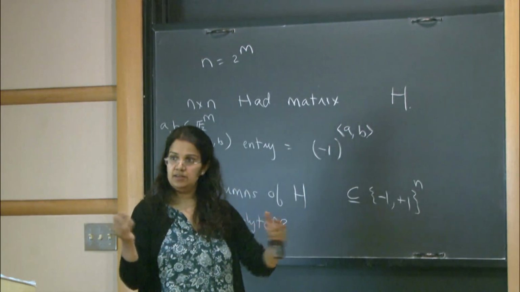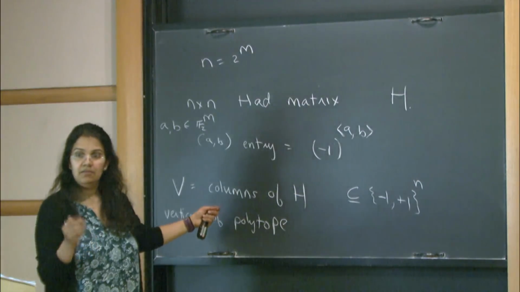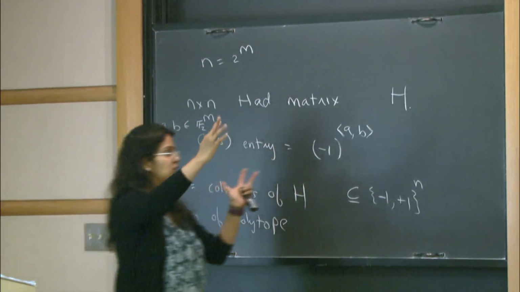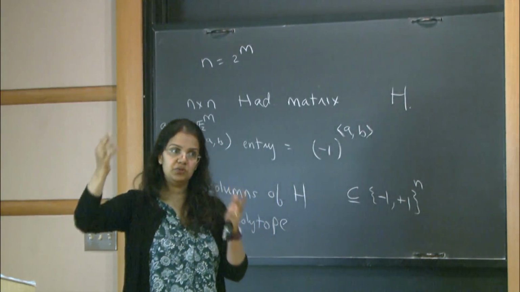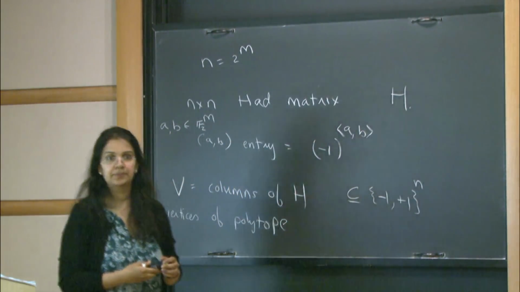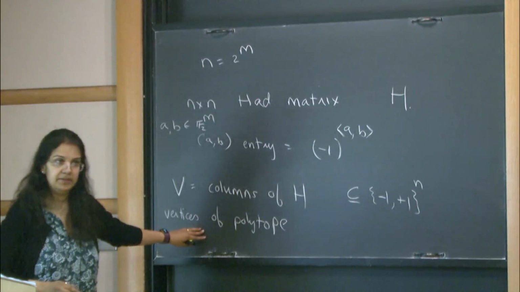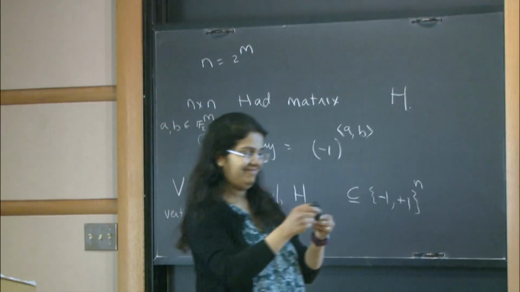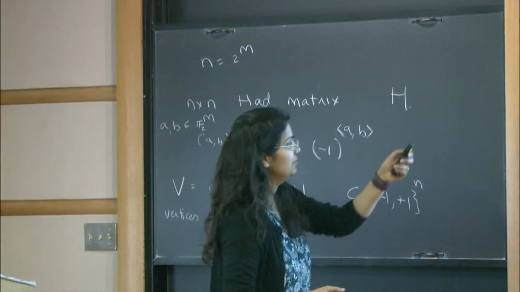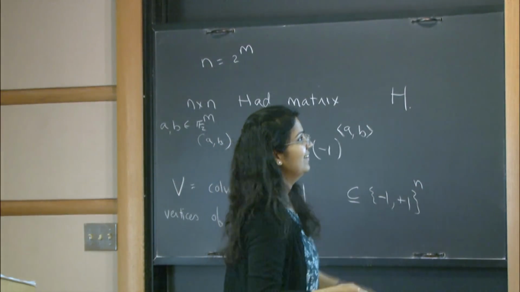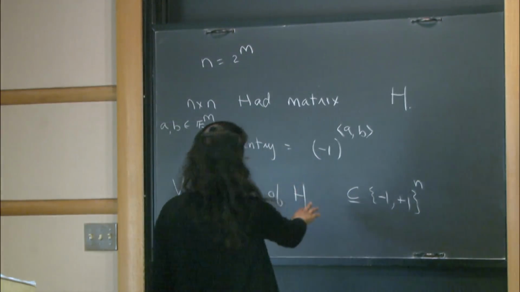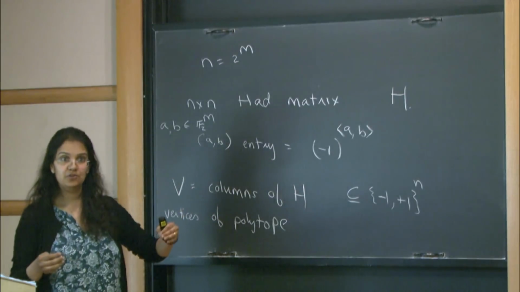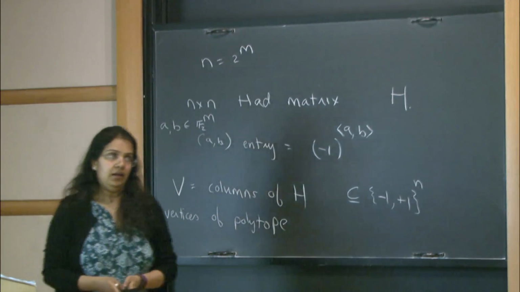I'll show that this has n corner points. If you show that this has n to the log n interior points, then I can shift this polytope to be a subset of {0, 1, 2} to the n, and I'll have n to the log n interior points. So these will be the vertices of the polytope. Okay, good. So n vertices, and now we will see why there are lots of interior points.